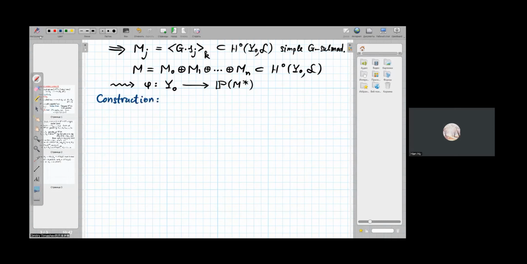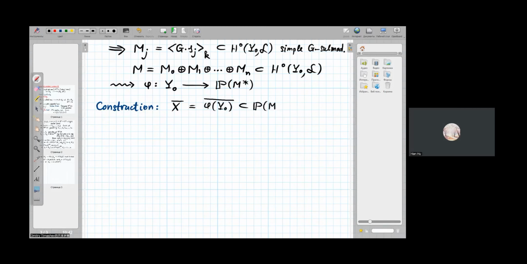Let me denote by X bar the closure of the image of this map, in the projective space.